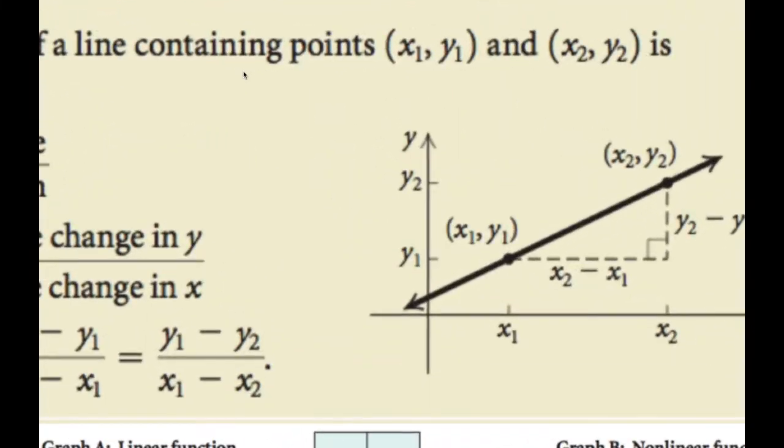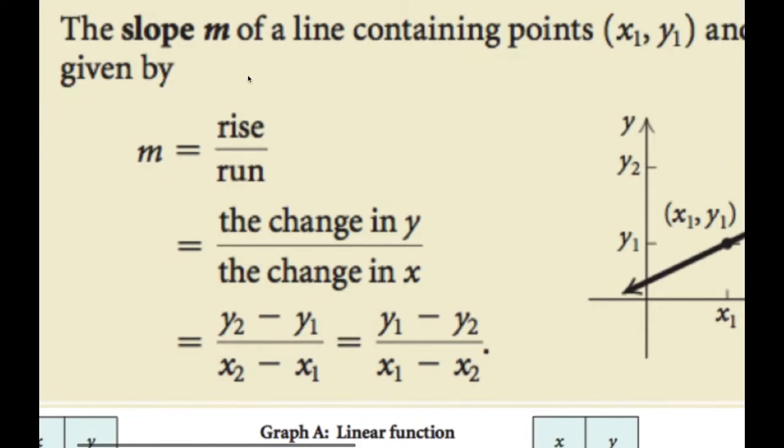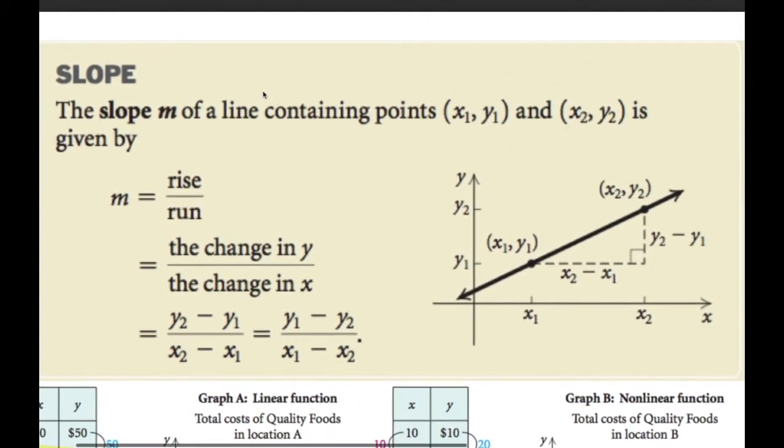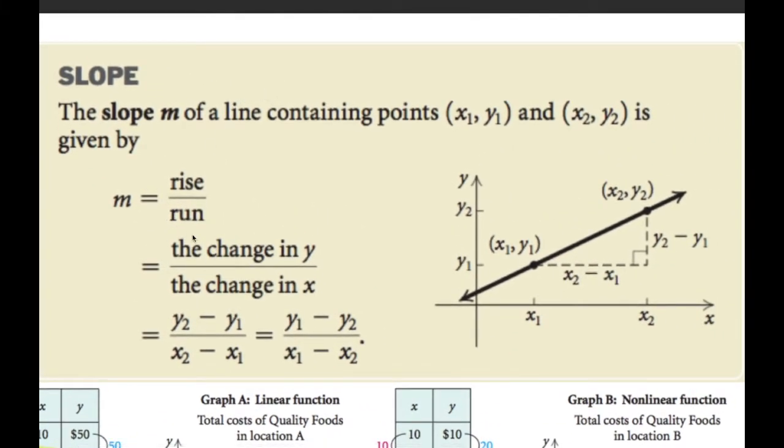Slope. I hope you've seen this before in other math classes. There are 3 different versions of the formula. Sometimes it's more helpful to think of it as the rise over the run. This distance, the rise, over this distance, the run. It could also be thought of as the change in y, like y2 minus y1, over the change in x, x2 minus x1.